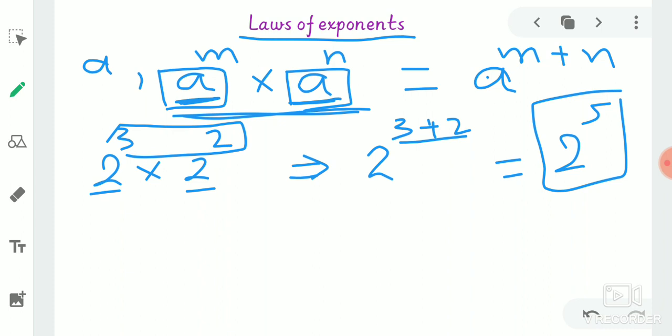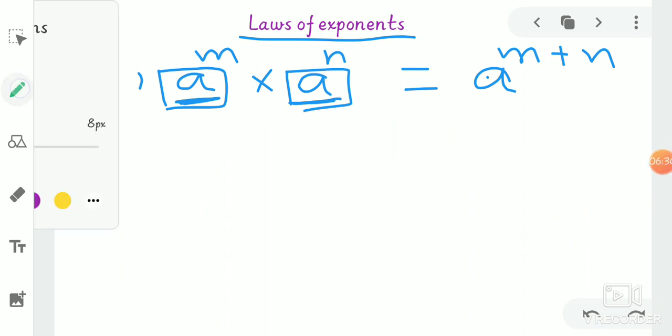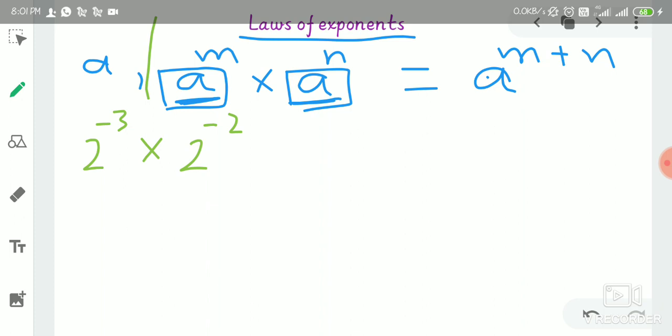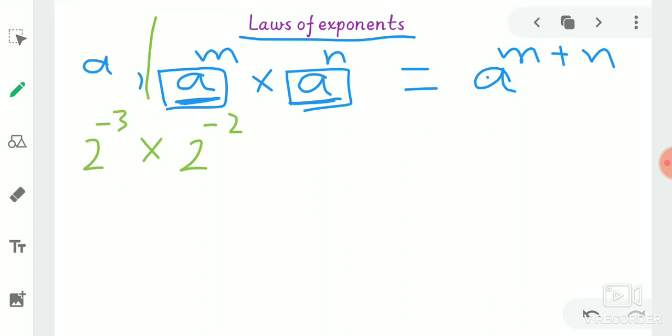Let's take another example where the exponent is negative. For example, I will take 2 raised to power minus 3 and another non-zero integer, 2 raised to power minus 2. Let us see if this law also applies where the exponents are negative.